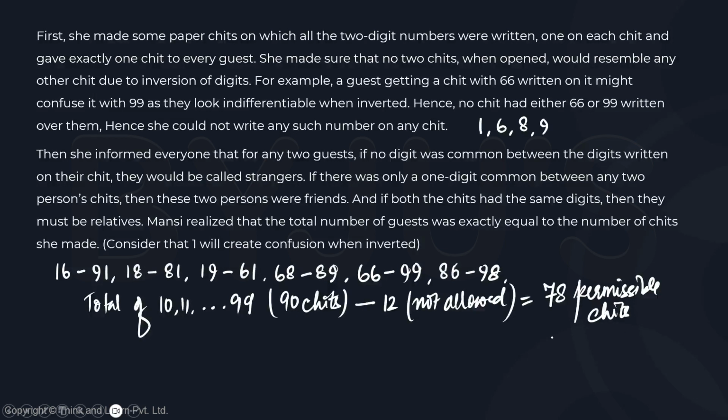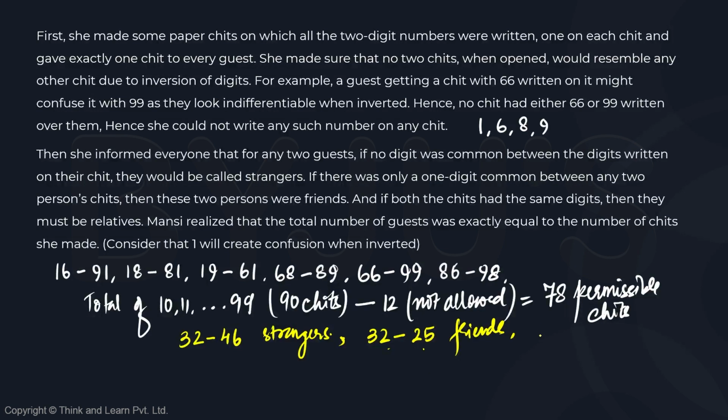Now, out of these 78 permissible chits, let's pick up a number, let's say 32. Now, 32 and 46 are going to be strangers because they have no digit in common. 32 and 25 are going to be friends because they have only one digit in common.